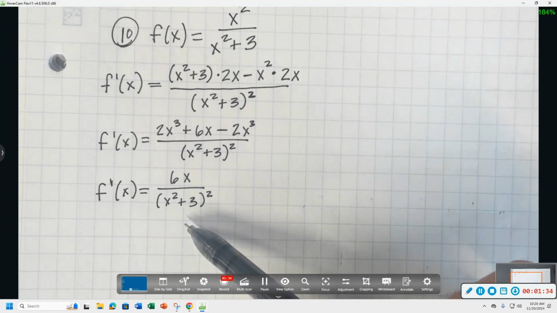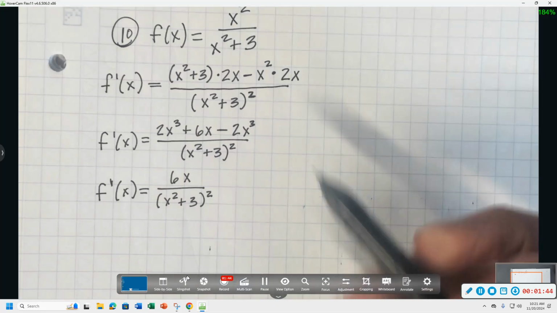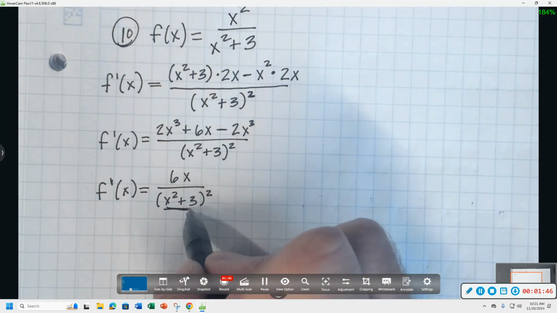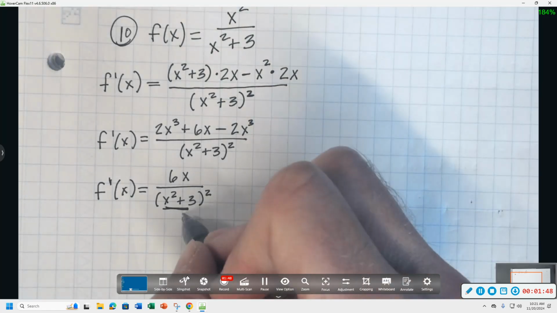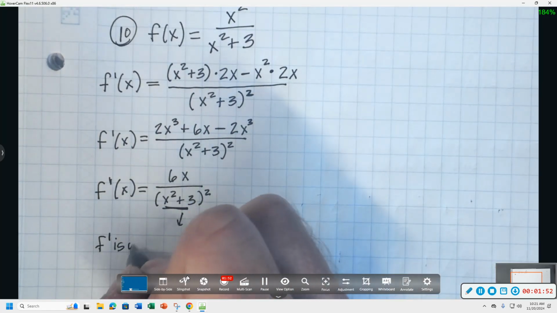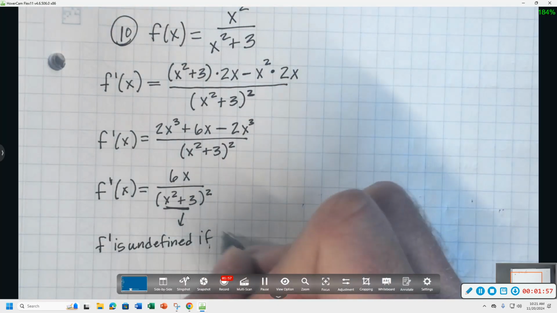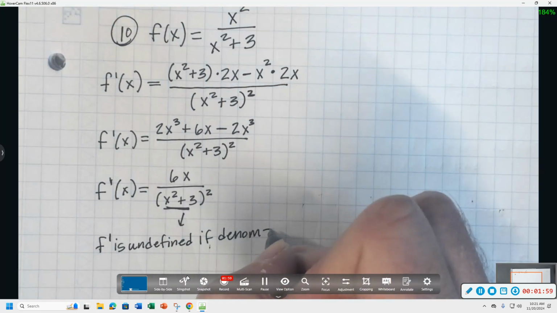The denominator cannot be 0, right? So this is where the critical thinking kicks in, and there's not just some hard and fast rule. I know that f prime is undefined if the denominator is 0.